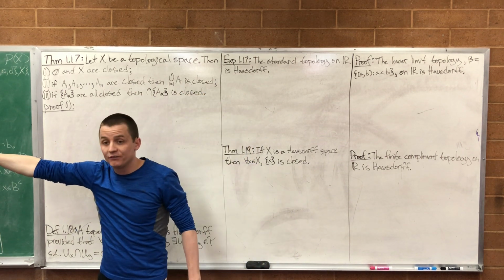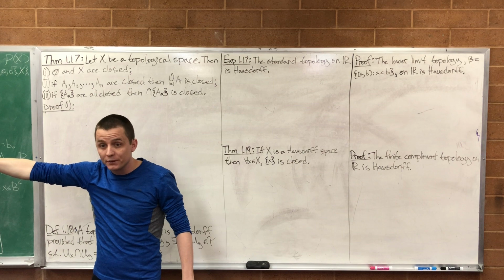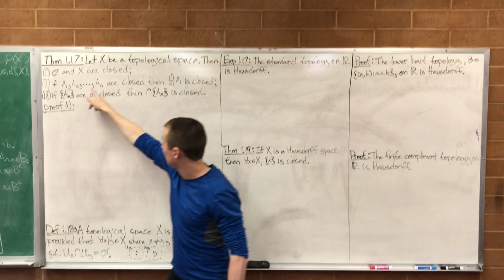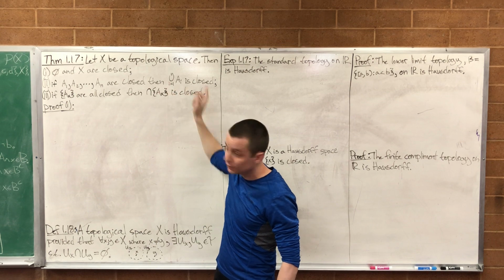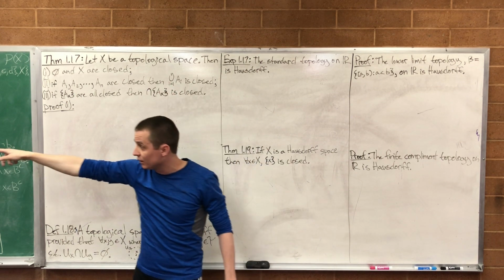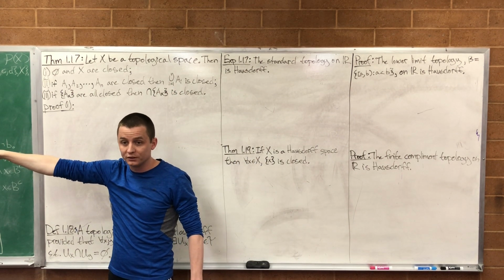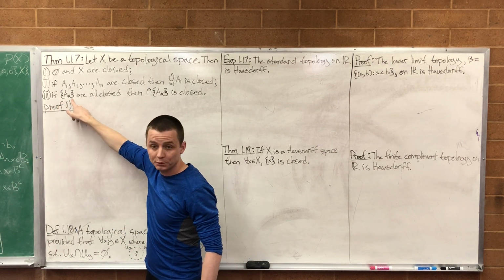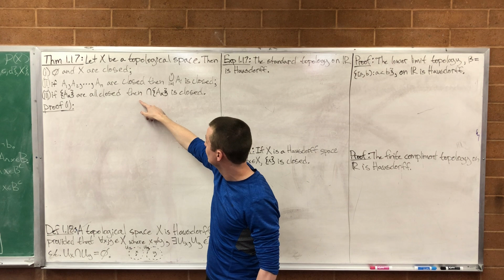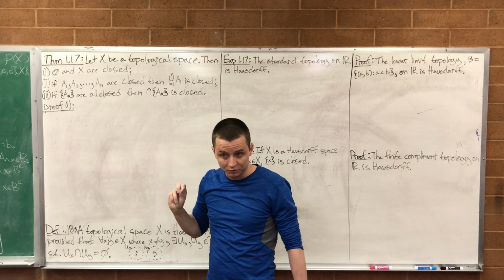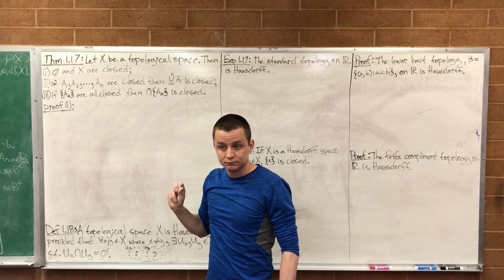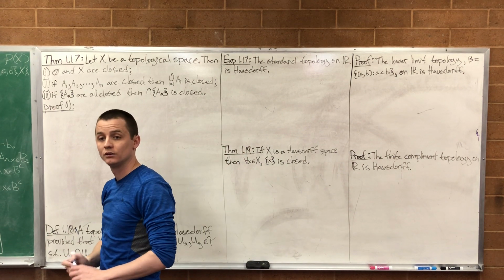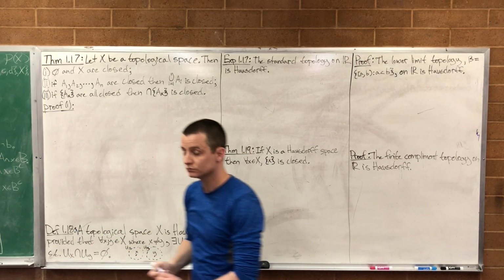Over there, we said if you have a finite number of open sets, then their intersection is open. Here we're saying if you have a finite number of closed sets, then their union is closed. Over there, we said if you have an arbitrary collection of open sets, their union is open. Here we're saying if you have some arbitrary collection of closed sets, then their intersection is closed.